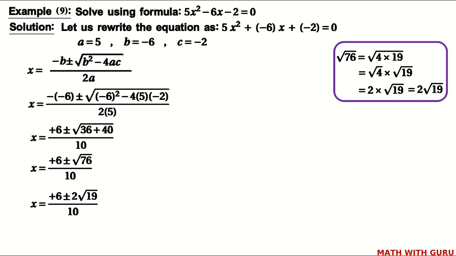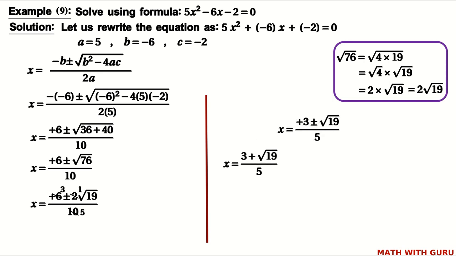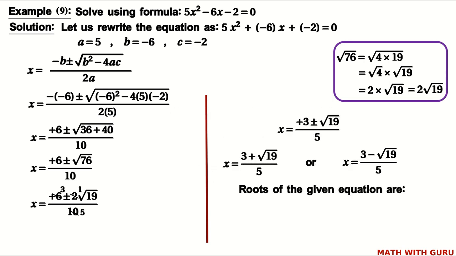Now the numerator and the denominator have 2 as the common factor. 2 5s are 10, 2 3s are 6, 2 1s are 2. X equals 3 plus or minus root 19 whole over 5. Let us separate the two values. Now, the roots of the given equation are 3 plus root 19 divided by 5 and 3 minus root 19 divided by 5.